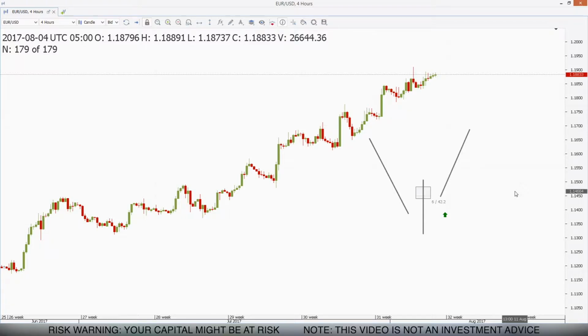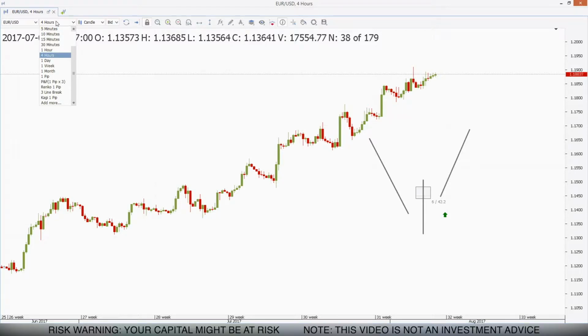Another important thing is the time frame that you use when you trade binary options with Japanese candlestick techniques. Forget the lower time frames, 5 minutes, 10 minutes, 15, and an hourly chart. Those are for losers, pardon my word. Why? Because trading as it is today, human traders do not follow humans anymore.